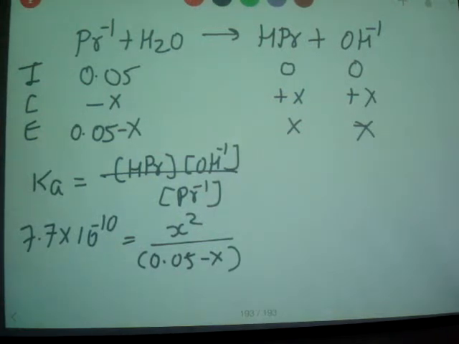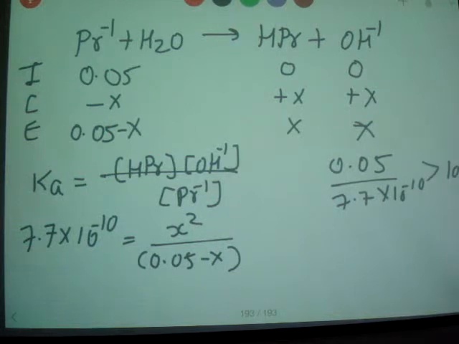Now, we assume that 0.05 divided by 7.7 times 10 to minus 10 is greater than 1000, right? So we can assume 0.05 minus x equals 0.05, which makes our calculation easy.